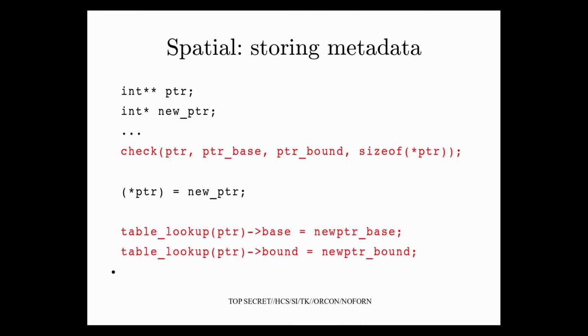There are certain alternatives for the implementation of that store, the thing abstracted behind the table lookup. We could implement it as a hash table. As you can imagine, that's a very expensive operation, to look into a hash table or write into a hash table every time you write or read a pointer from or to memory. You could use an actual shadow space.